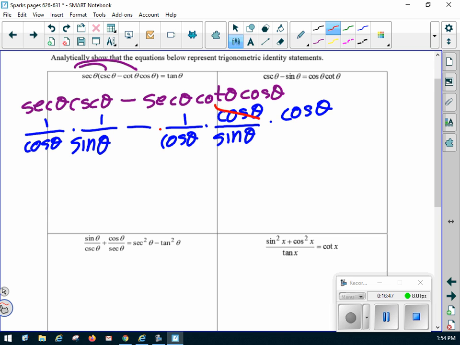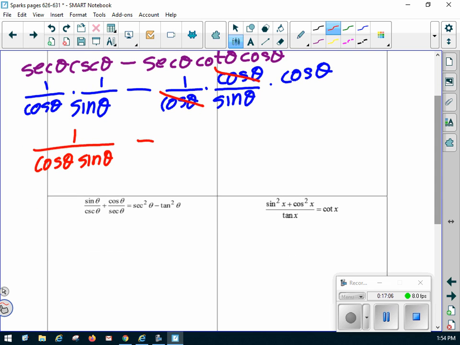I can factor those out. So let's see what we've got left. Here, we've got 1 over cosine theta times sine theta, minus cosine theta over sine theta. Everybody with me there?